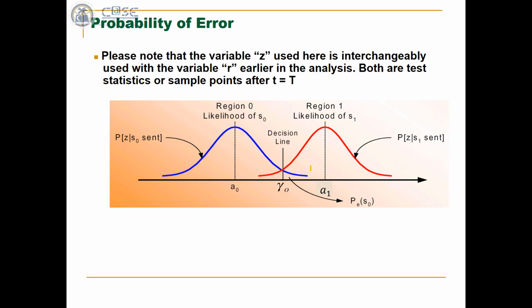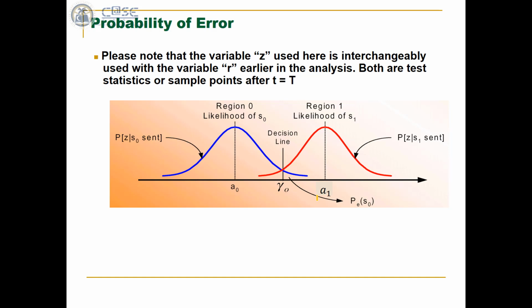Now let's see how we can compute the error event out of this scenario, and what are the regions of errors, and how we can see those regions here in this block diagram.